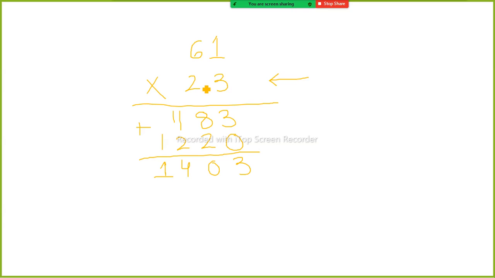Because this is not in the ones place, right? We can't line them up because it wouldn't match up perfectly. So we have to push it over to account for where its place is. Makes sense. Yeah.